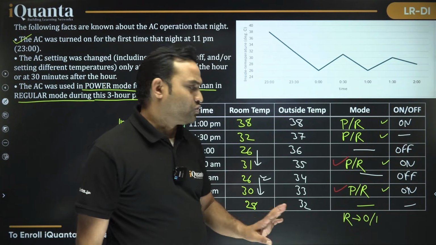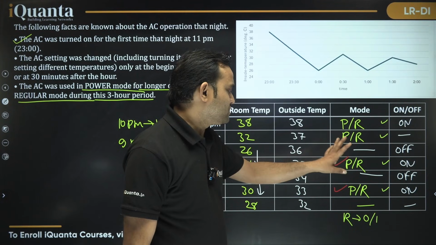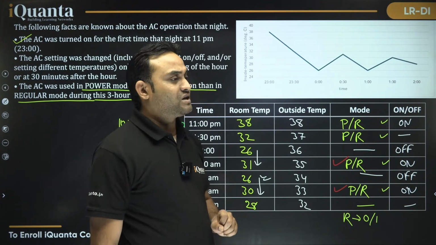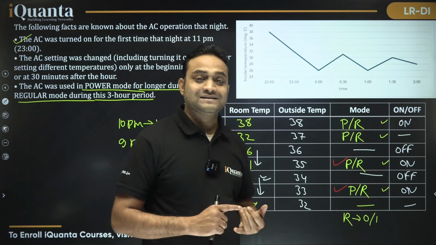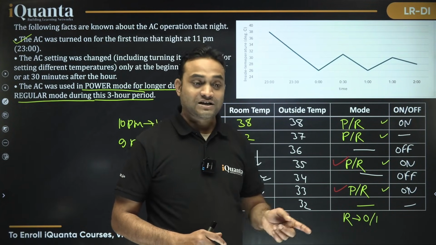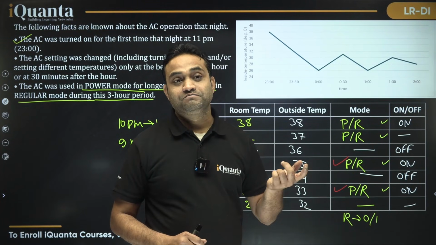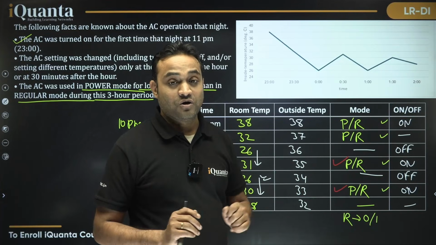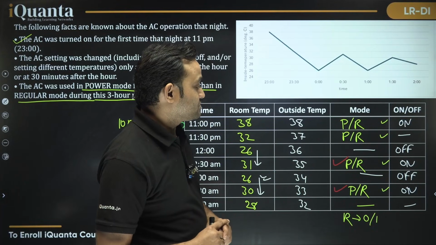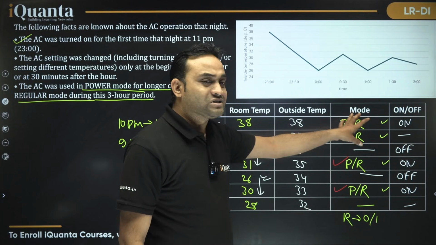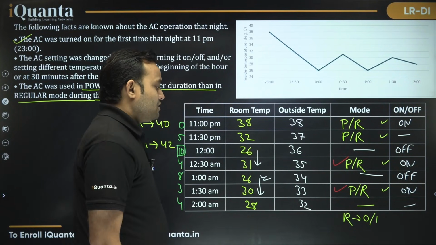Doesn't matter the mode, if it was power mode, if it was regular mode, it's at least 2. But if you check the options, it's exactly 2, exactly 3, 2 or 3, more than 3. So very good options. We cannot do anything much about that. But we can try here. What could be the modes here? Think about this.